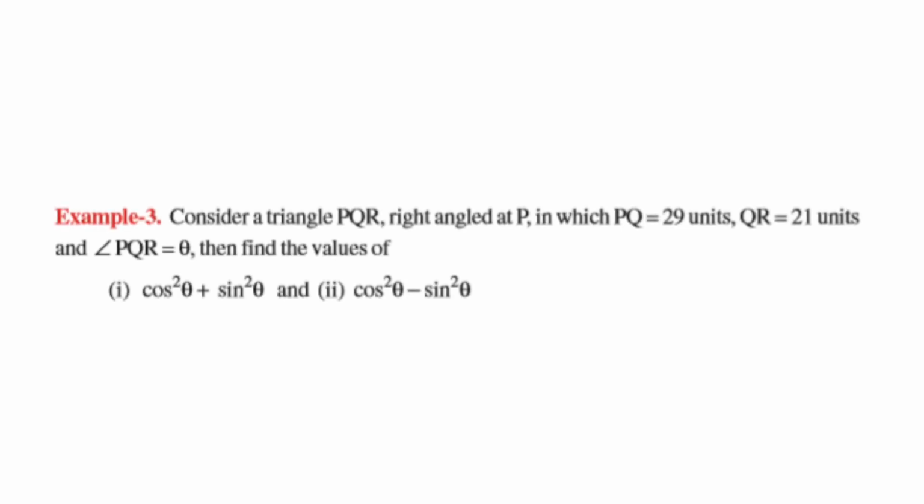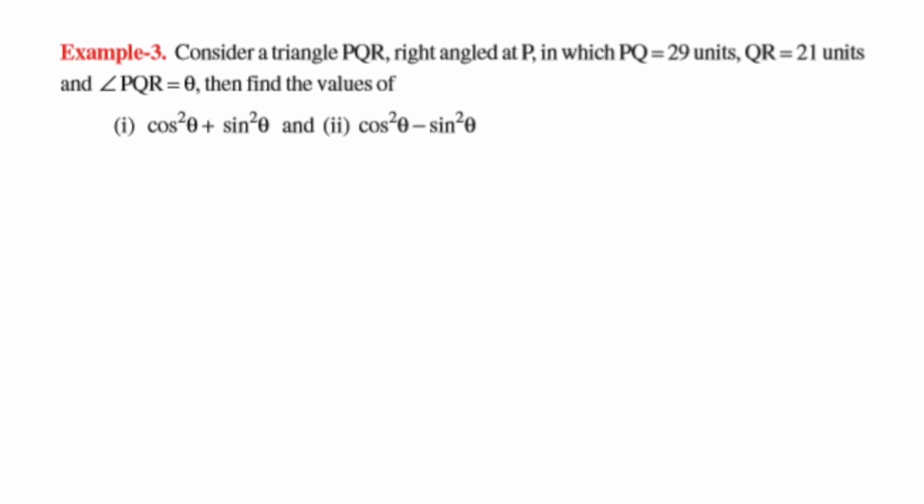Consider a triangle PQR, right angle at P, in which PQ equals 29 units and QR equals 21 units, and angle PQR equals theta. Then find the value of cos square theta plus sin square theta, and the second one is cos square theta minus sin square theta.